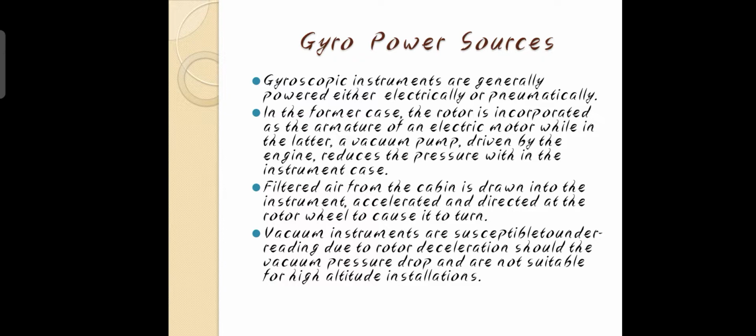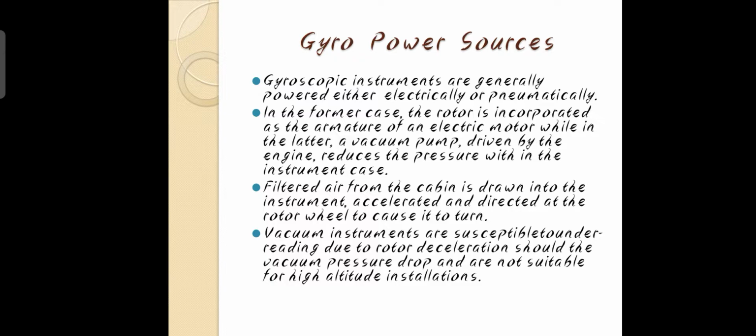Gyro power sources. Gyroscope instruments are generally powered either electrically or pneumatically. In the former case, the rotor is incorporated as the armature of an electric motor, while in the latter, a vacuum pump driven by the engine reduces the pressure within the instrument case.